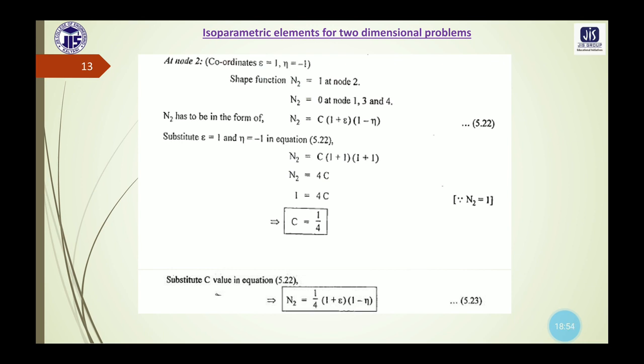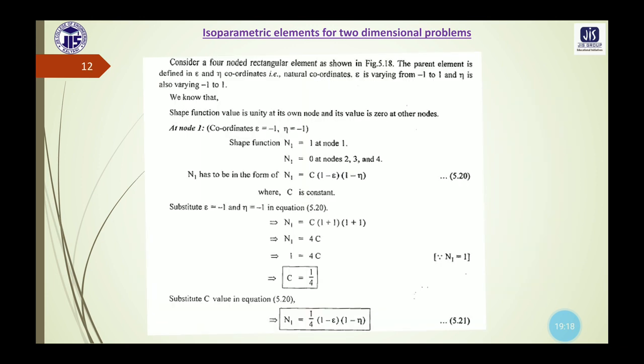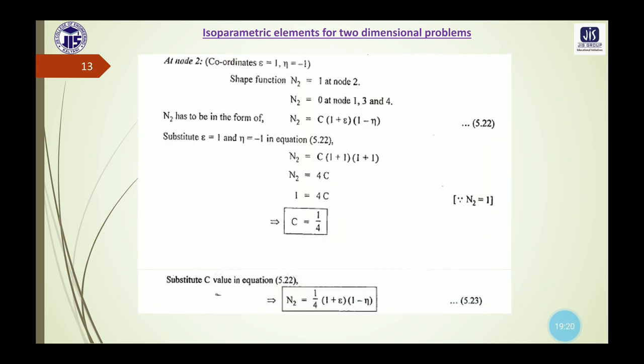In a similar manner we can calculate the value of N2 at node 2. For that, at node 2 the coordinates are epsilon is 1 and eta is -1, which we can see here in this diagram. The coordinate given for node 2 is 1, -1, so epsilon is 1 and eta is -1 at node 2.